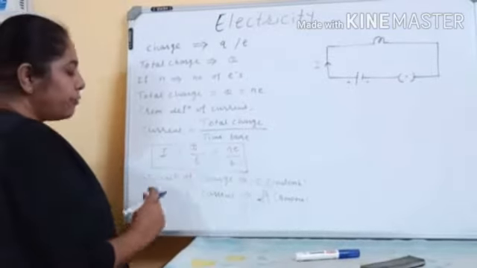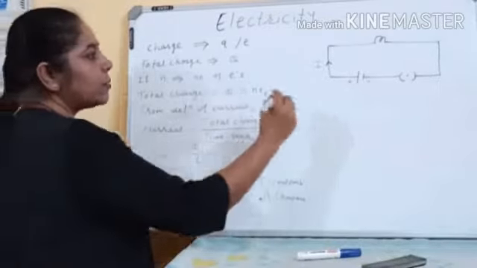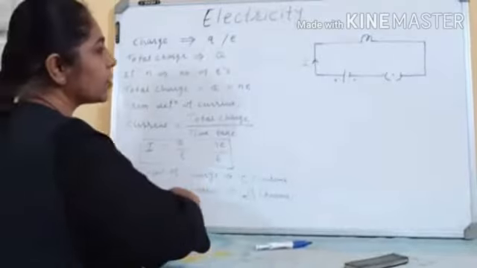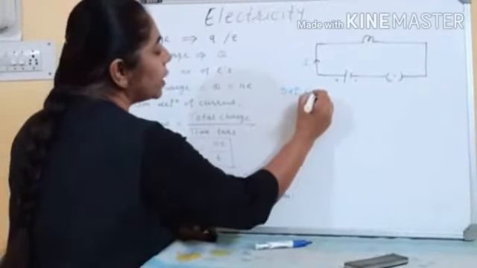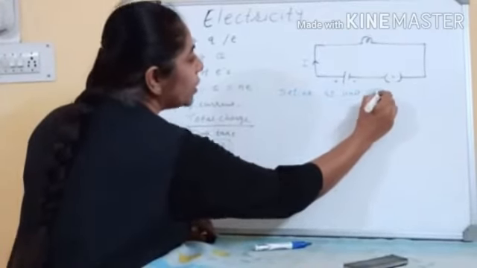Now we are going to define when the current is said to be 1 ampere. Sometimes a question is asked: define the SI unit of current.